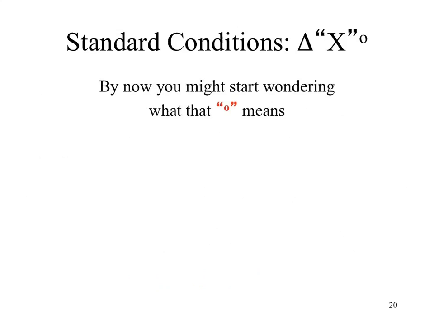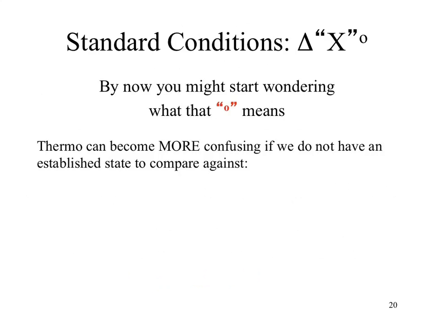Okay? One of the things that you might start to notice, or may have noticed already, is that little 0 showing up in both the Gibbs free energy expression and your enthalpy expression. What does that little 0 mean? Standard conditions. This material can be really, really confusing if we don't have something to compare everything to, because everything is ultimately a difference in energy.